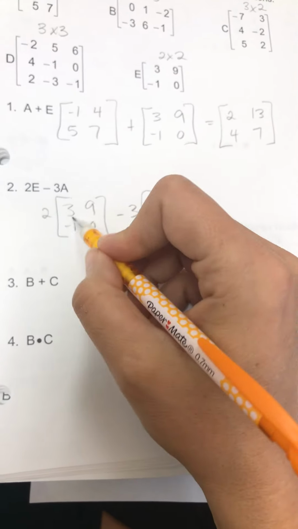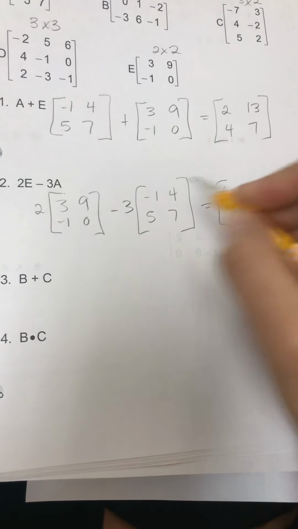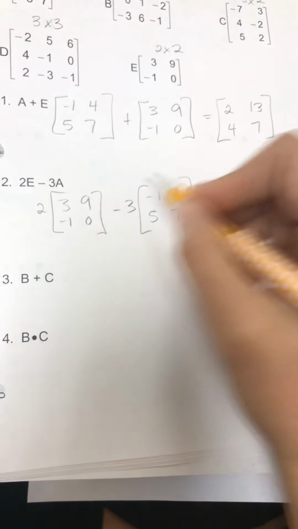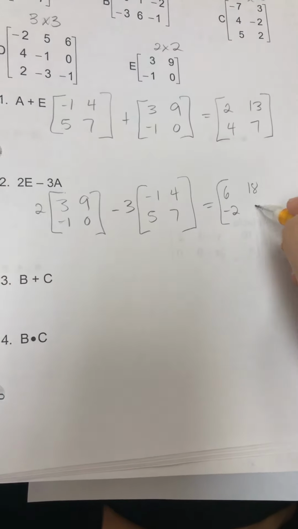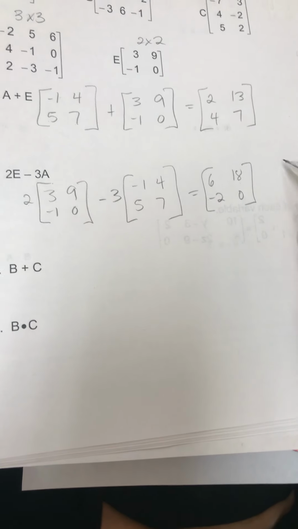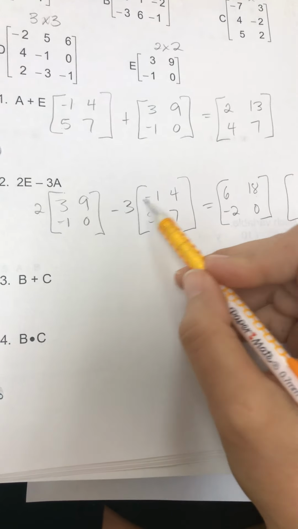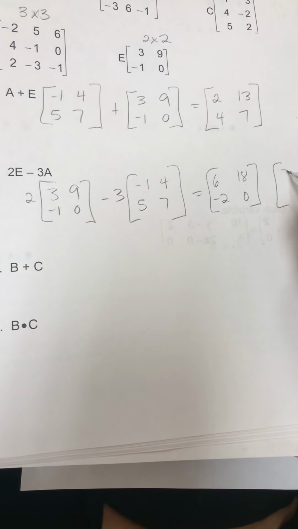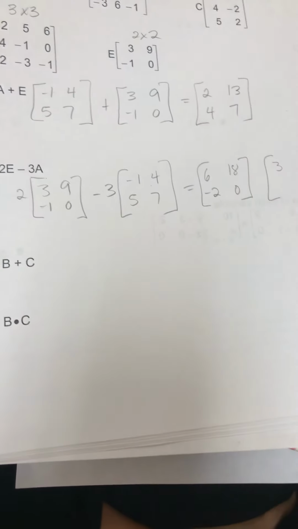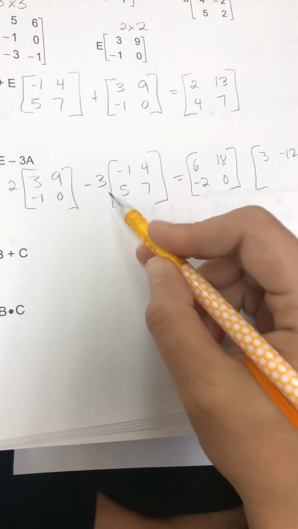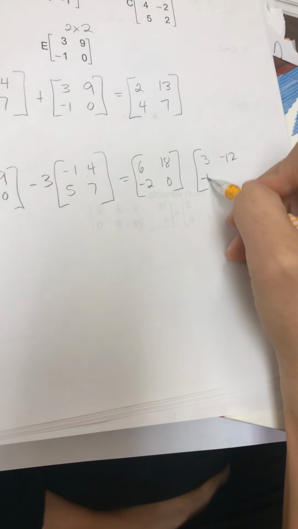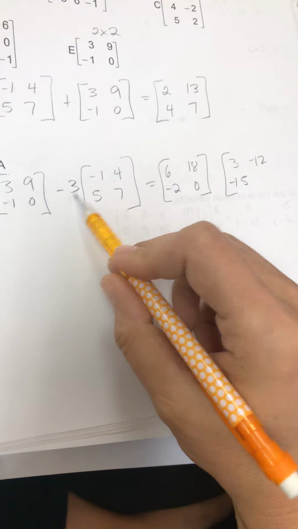You're going to have 2 times 3, which is 6, -2, 18, and 0. And now you're going to have -3 times -1 is +3. -3 times 4 is -12. And -3 times 5 is -15. And -3 times 7 is -21.